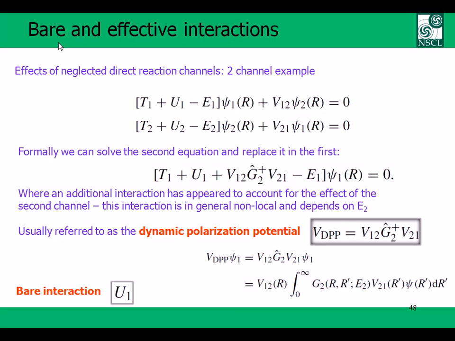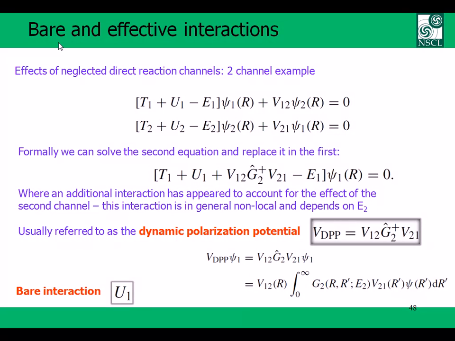And then, of course, I can have also the equation for the second channel. So one can write the problem as a coupled channel problem. And if you formally solve this using the techniques that we saw today, then you can literally work out from the second equation what psi2 needs to be, replace it up there, and get to this equation.